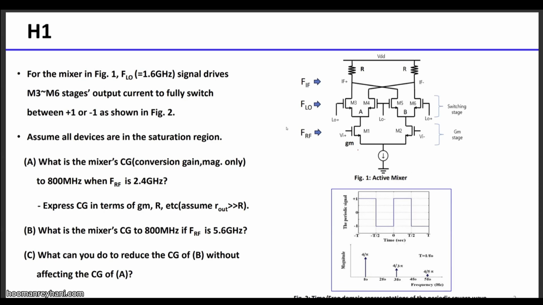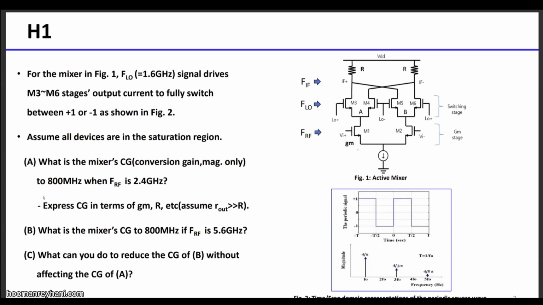That's how it works. And the question is, what is the mixer's conversion gain to 800 megahertz when FRF is 2.4 gigahertz? How that works is that you have a 2.4 gigahertz signal mixing with 1.6 gigahertz, and we learned that the output will be sum and difference frequencies.